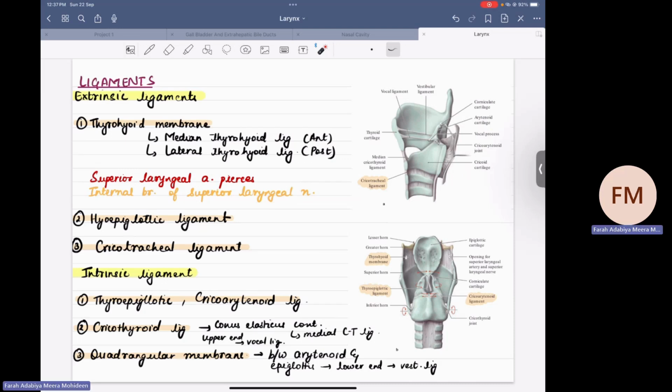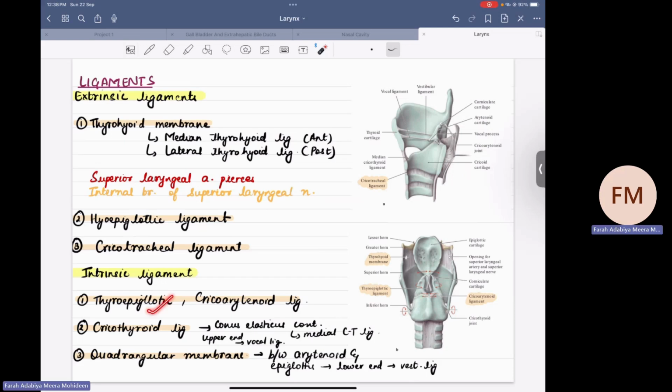Then you also have your hyoepiglottic ligament, which is from your hyoid bone to your epiglottis. And then you have your cricotracheal ligament, which is from your cricoid cartilage to your tracheal cartilages. And this is something you can label in your very first diagram that I had shown, the frontal section of your larynx.